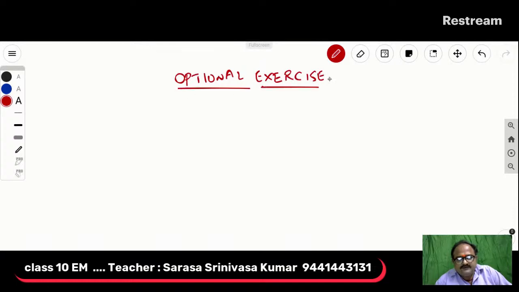For practice purposes, we are solving some more problems in this real numbers chapter. Page number 23, class 10, real numbers.